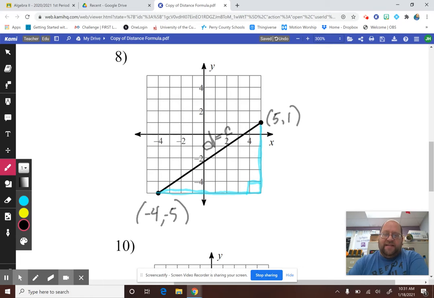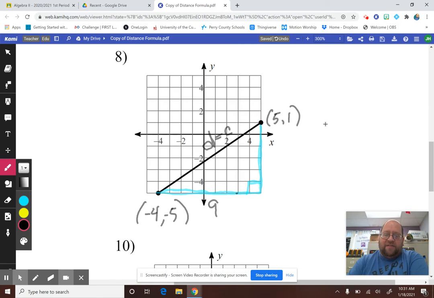That's easy enough because here I'm at x equals -4, and over here I'm at x equals +5. How long is that distance from -4 to +5? You could just count over 1, 2, 3, 4, 5, 6, 7, 8, 9. That is 9 units across.